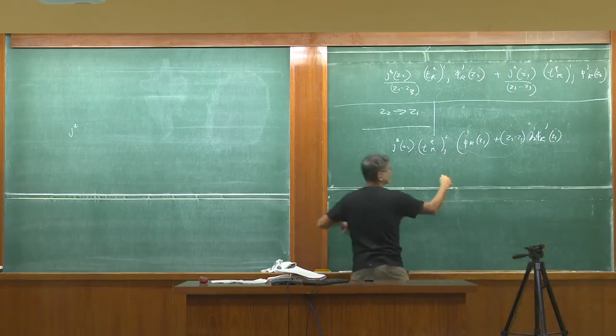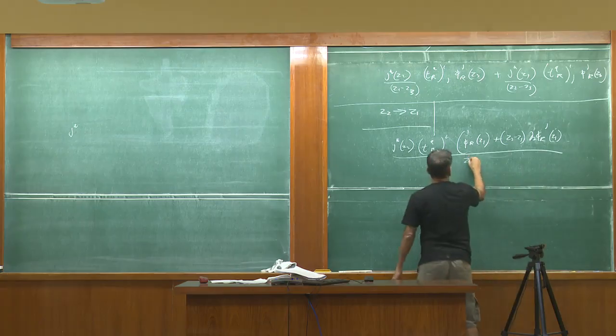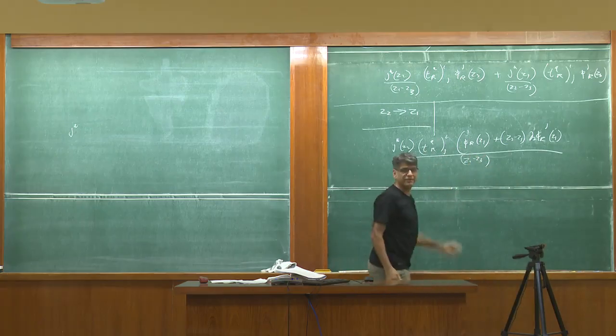Right. So we will have this, the whole thing divided by Z1 minus Z3, plus we will have a similar term on the other side.